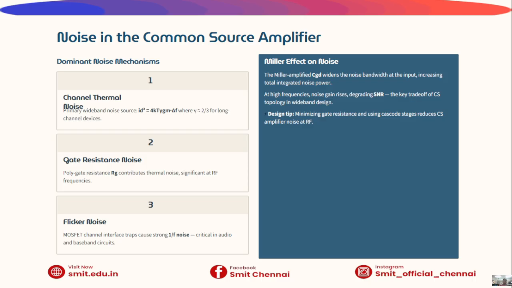Flicker noise becomes important at low frequencies due to interface traps in the MOS transistor. Another challenge is the Miller effect, which increases the effective input capacitance and broadens the noise bandwidth. As a result, the common source amplifier provides high gain but may suffer from increased noise in wideband applications.